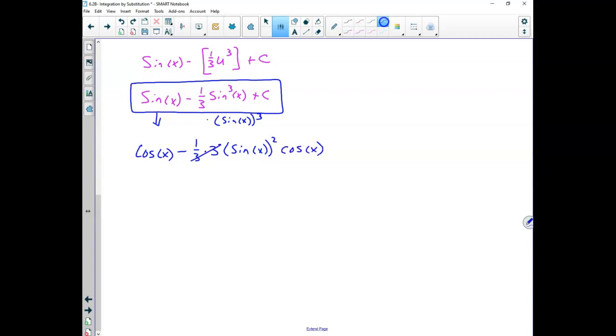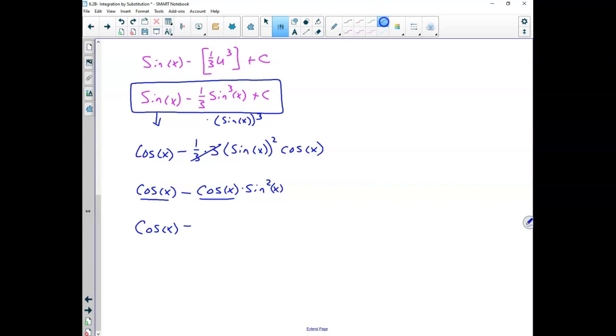So these cancel out, and I get a cosine x minus a cosine x times a sine squared x. And you're like, oh, that's not a cosine cubed. Oh, but look at that. I have a common factor that I can factor out, a cosine x, using my trig identities, to verify the identity.